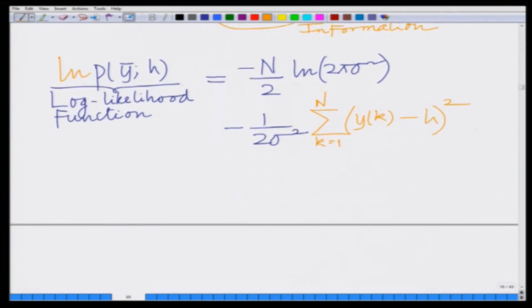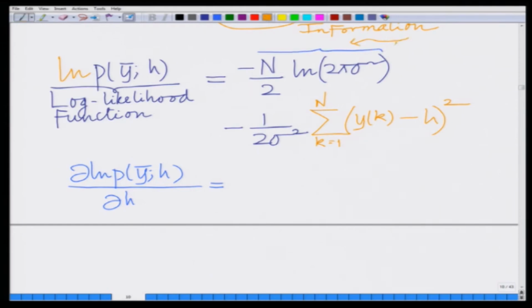Now, if I compute the derivative of the log likelihood function with respect to the parameter h, you can see that this part, minus n by 2 log of 2 pi sigma square, is a constant and does not depend on h. So the derivative of that with respect to h is 0.